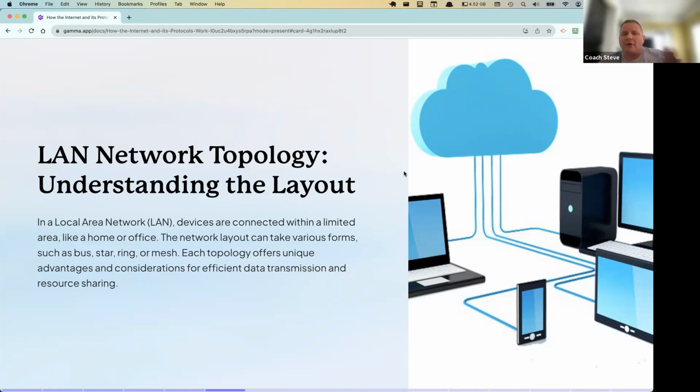So within a very specific location, like a building, is what's called a local area network. All of those devices connect through something like a router or a switch so they can communicate with each other. So more than two, but less than a lot, 2, 4, 6, 8, 10 computers or devices connecting to each other. That's a local area network.